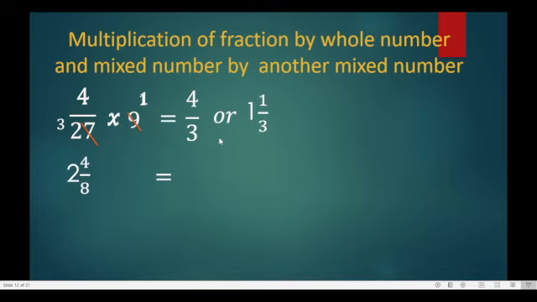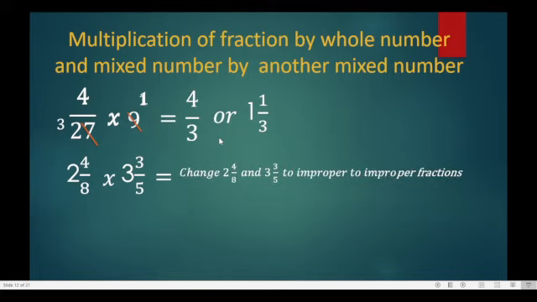Next, you have 2 and 4 eighths times 3 and 3 fifths. So we have to change them first into improper fractions. So the 2 and 4 eighths will become 8 times 2 plus 4 all over 8.